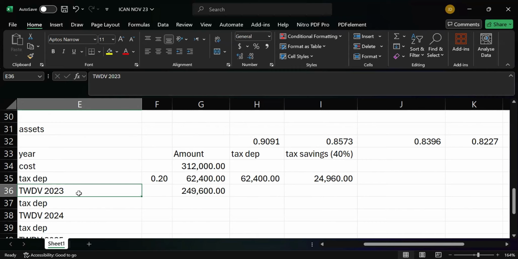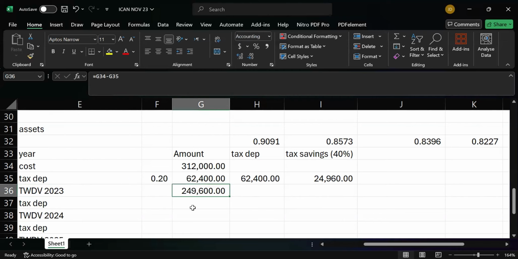Okay. So whatever you are doing, you always state your assumption. You're assuming that the asset's tax depreciation will be claimed in the year of acquisition. Okay. So that's what is done in the question. So this takes us to 249.